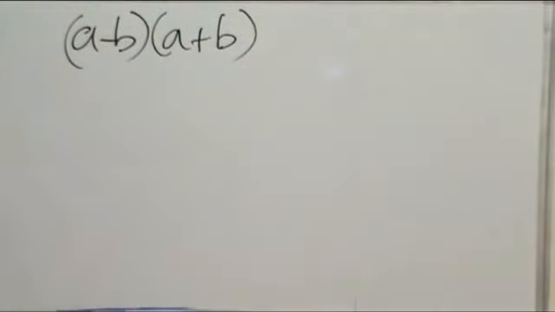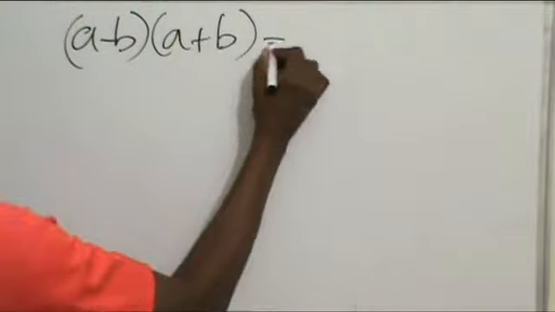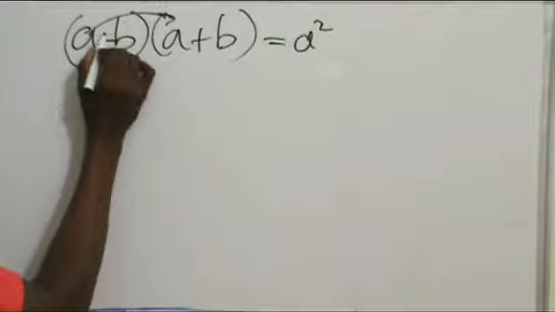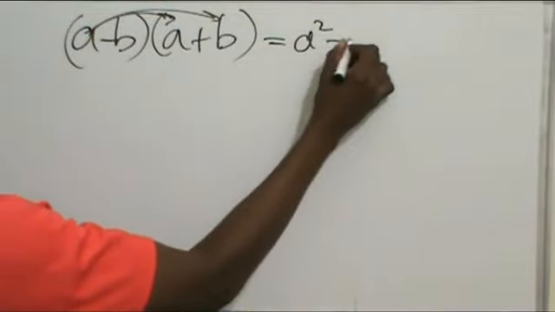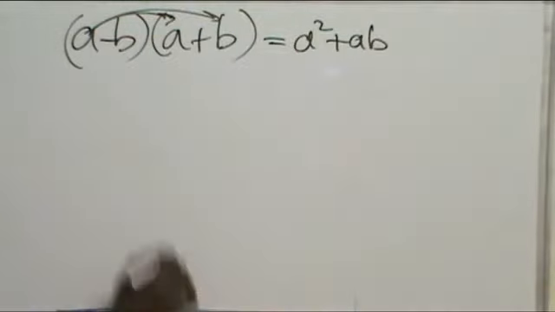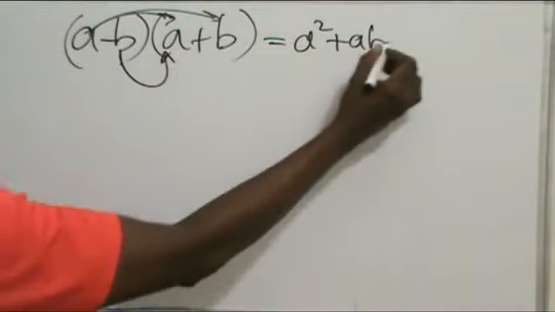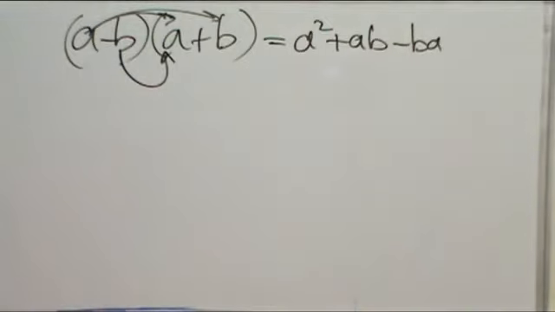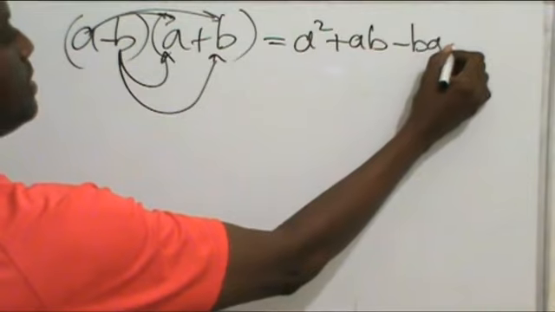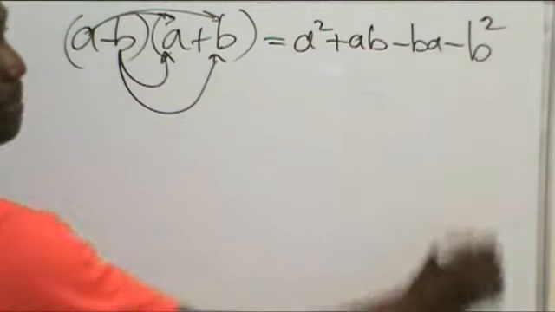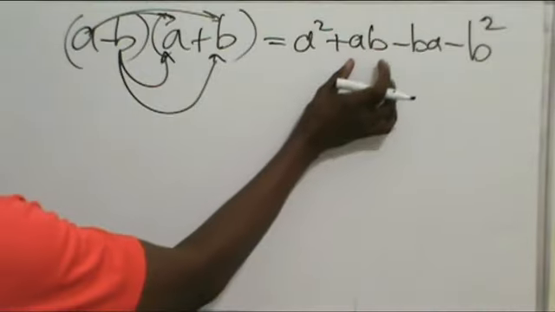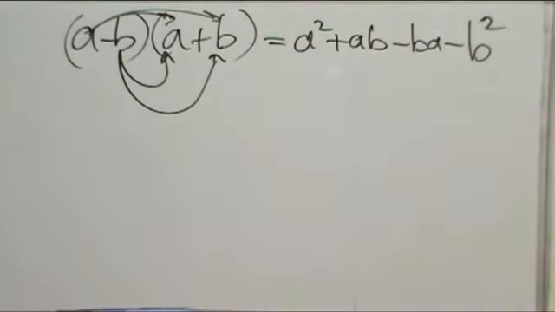Alright? So A minus B into A plus B is equal to A by A is A squared, A by B is plus AB, minus B by A is minus BA, and minus B by plus B is minus B squared. Now we established that AB is the same as BA.